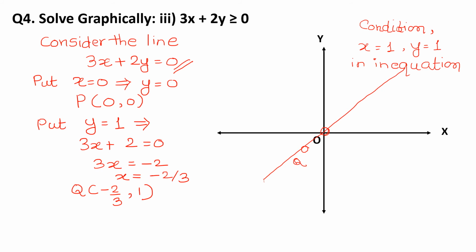What I get is 3 plus 2 greater than 0, that is 5 is greater than 0. So if 5 is greater than 0, the condition is satisfied. So I should consider the greater than side, the positive direction, as my solution.